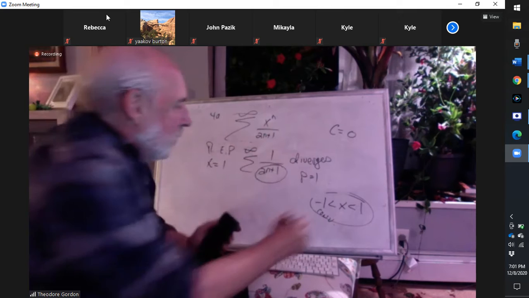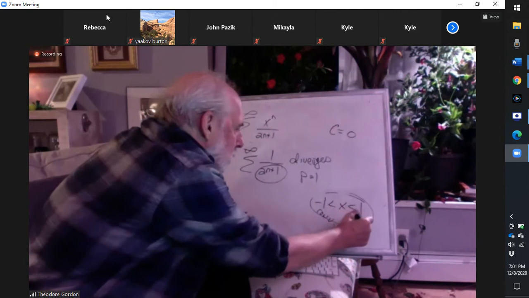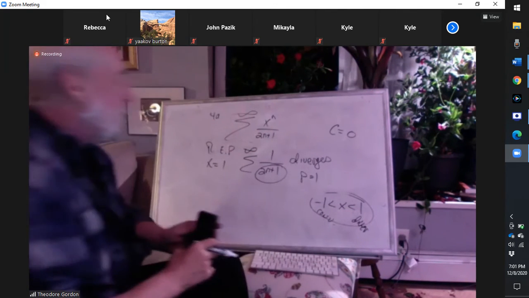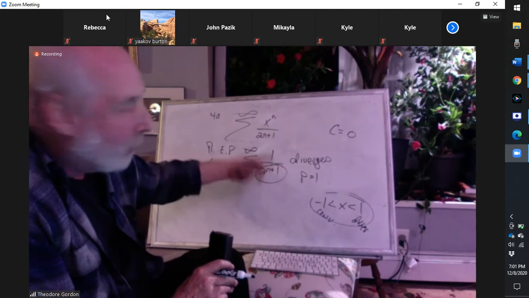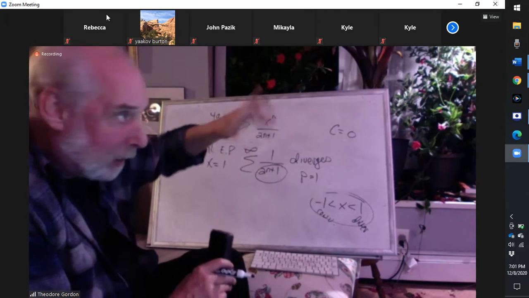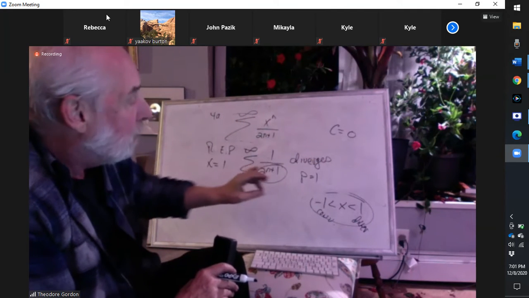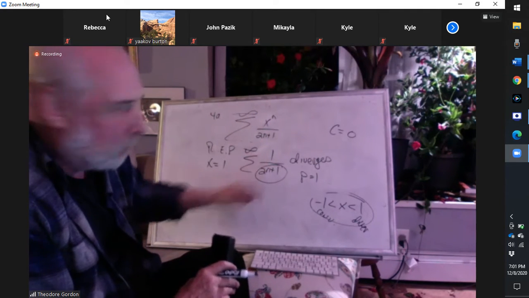So it diverges at the right endpoint. With an exponent of n to the 1, they converge when they alternate positive, negative, positive, negative, but they diverge when it's equal to there.